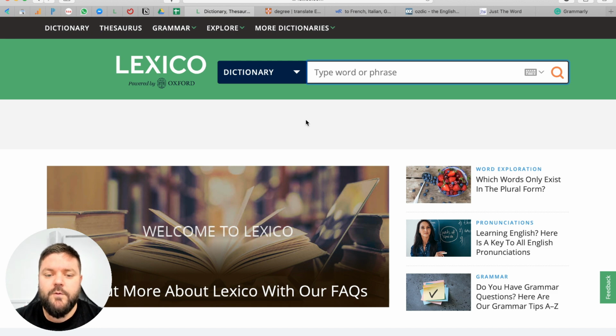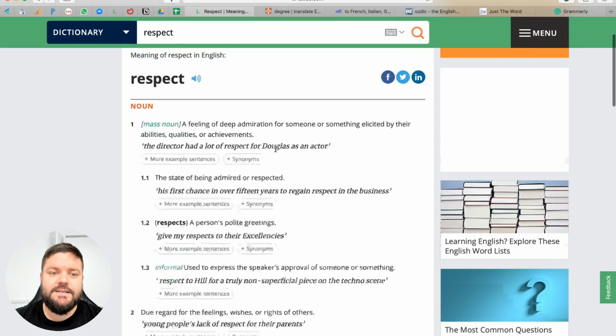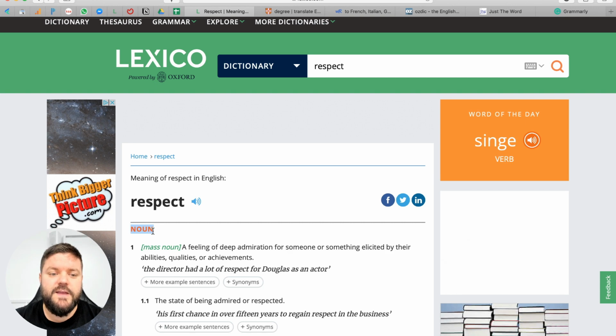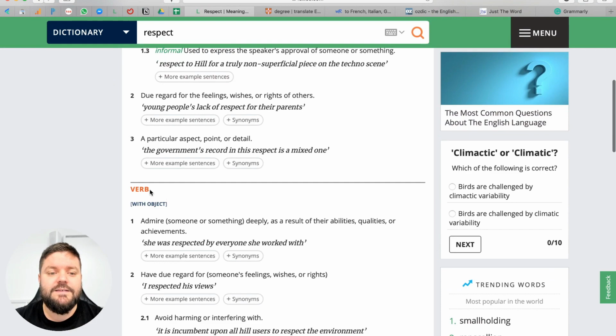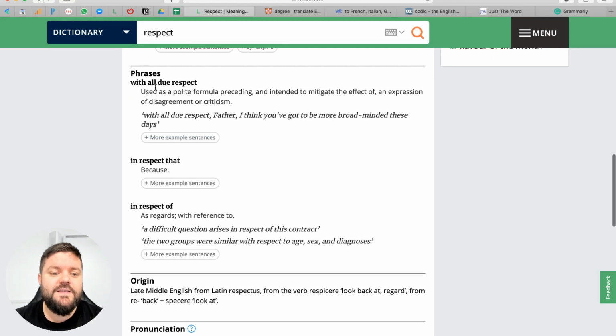All right, so if we look for a word like respect, you get the type of word it is, the part of speech. So this is a noun, but you'll also get the other meanings as a verb, for instance, and then you have some phrases there.